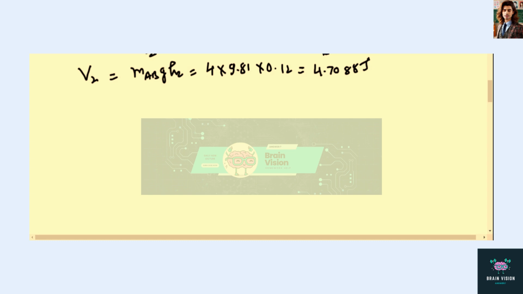Now kinematics, velocity of B point R into omega 2, that is 0.24 omega 2.